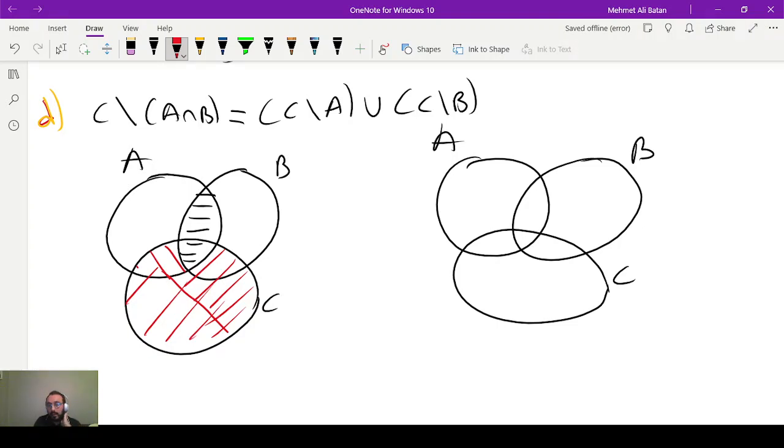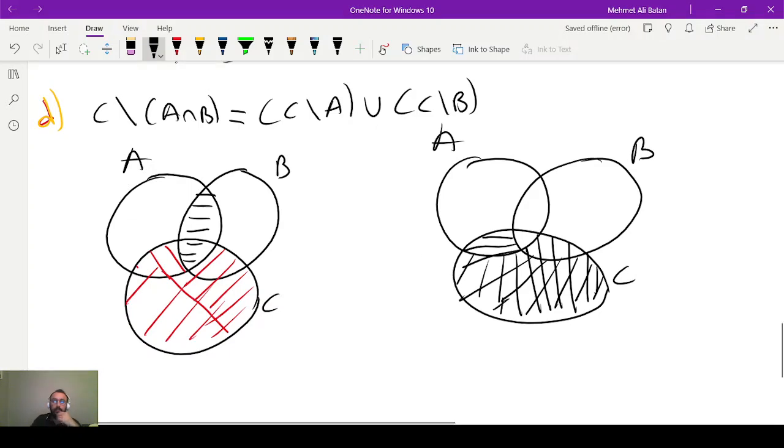What about the right hand side? C set difference A, which is here, and C set difference B. I am taking the union.